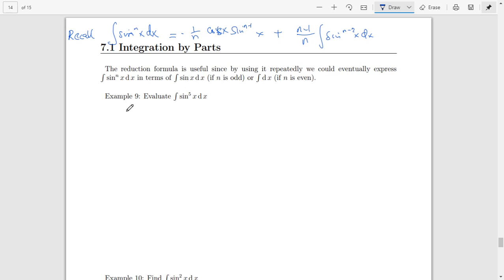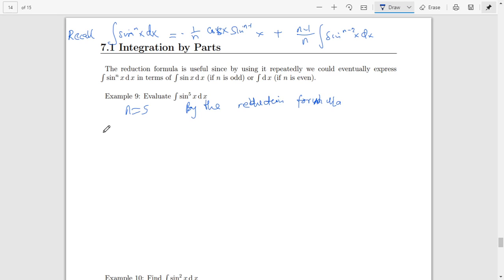Here n is odd and my n is equal to 5. So by the reduction formula, you can use this formula in an exam or your homework, but if you use it, you have to quote that that's what you're using.